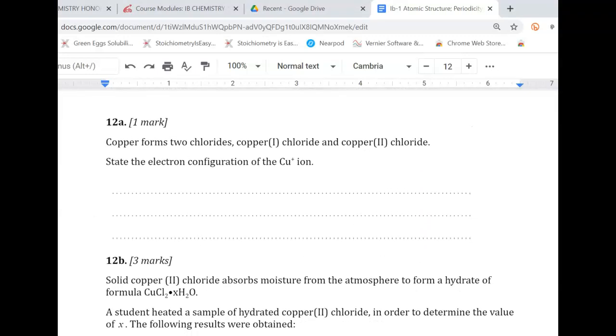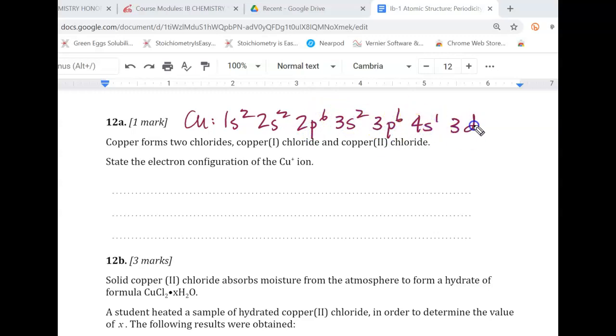All right, we have to finish our last two. We're going to finish with the copper 1+ ion. Regular old copper is also one of our exceptions, which should be shown as 4s1 3d10.